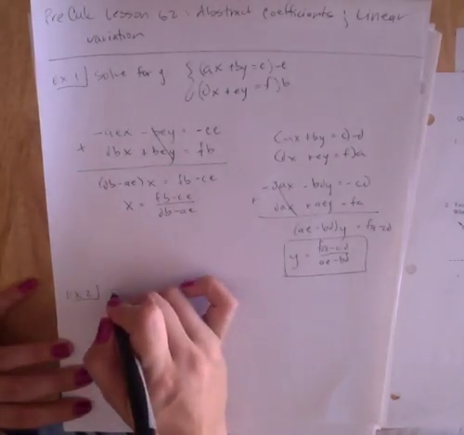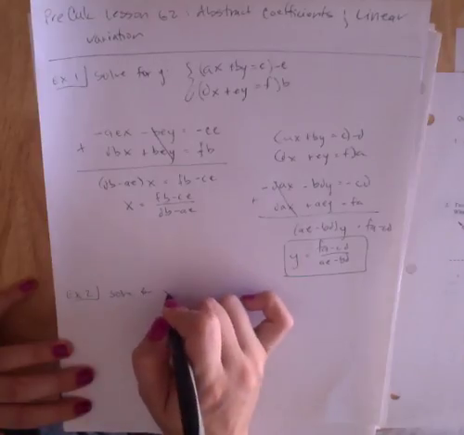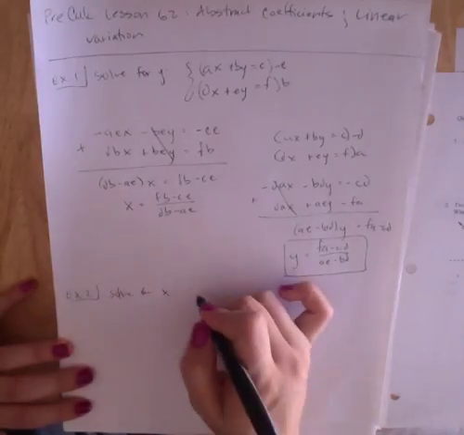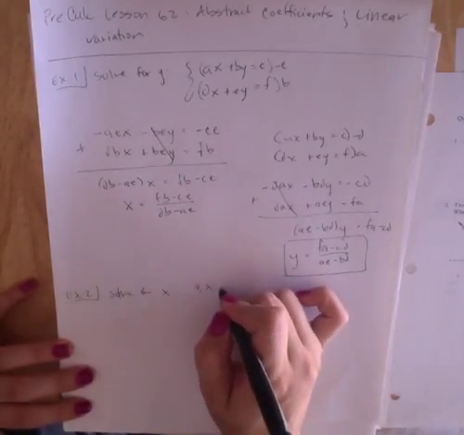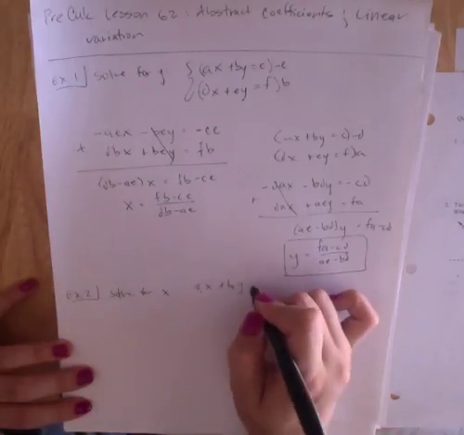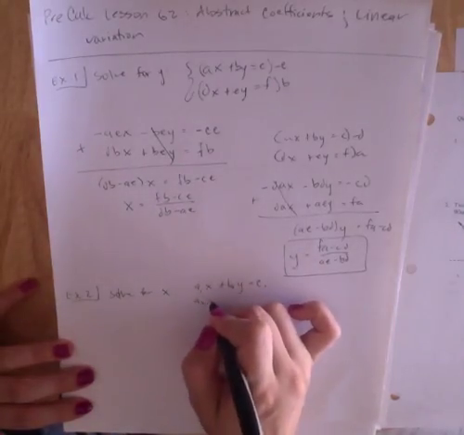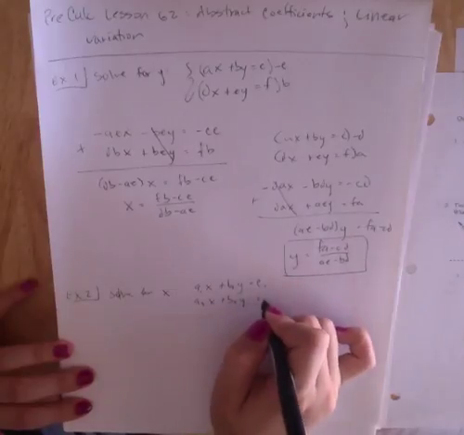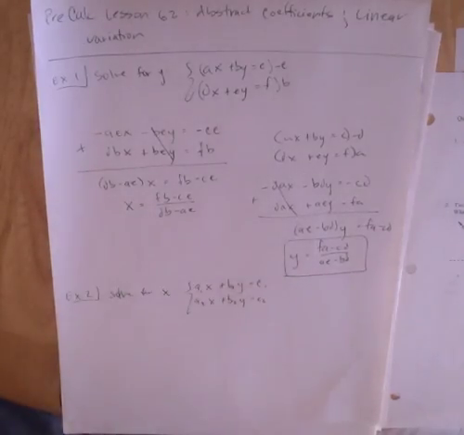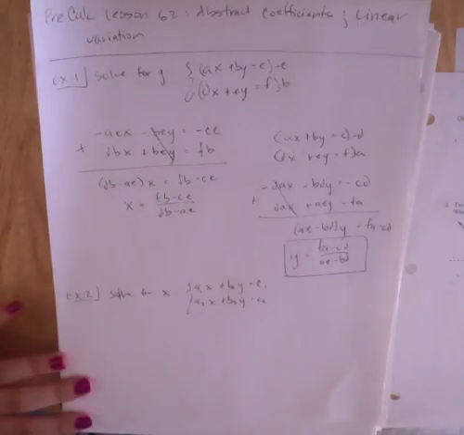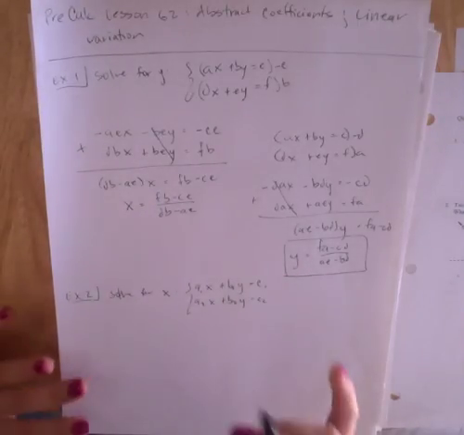We're going to solve this one for x. We have a1x plus b1y equals c1, and a2x plus b2y equals c2. I'm solving for x, so I'm not going to do what I did up here. I'm just going to jump right into it. I'm going to eliminate y.